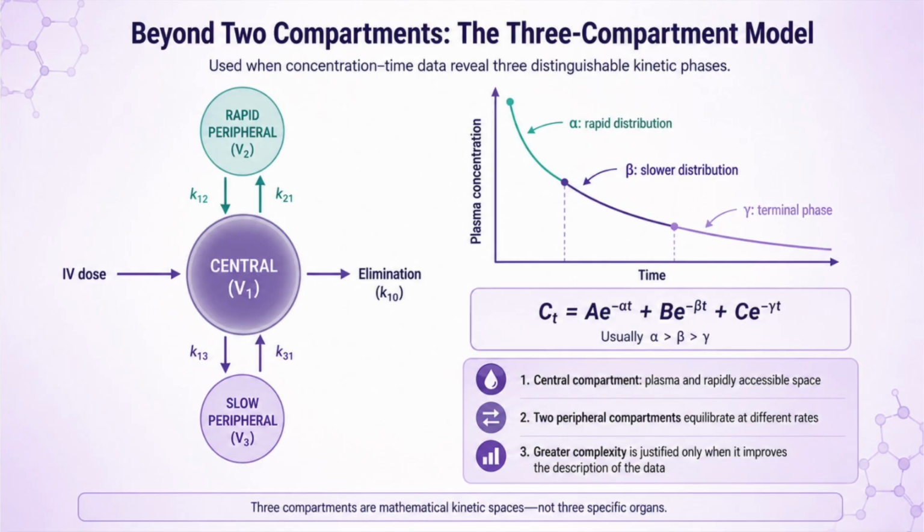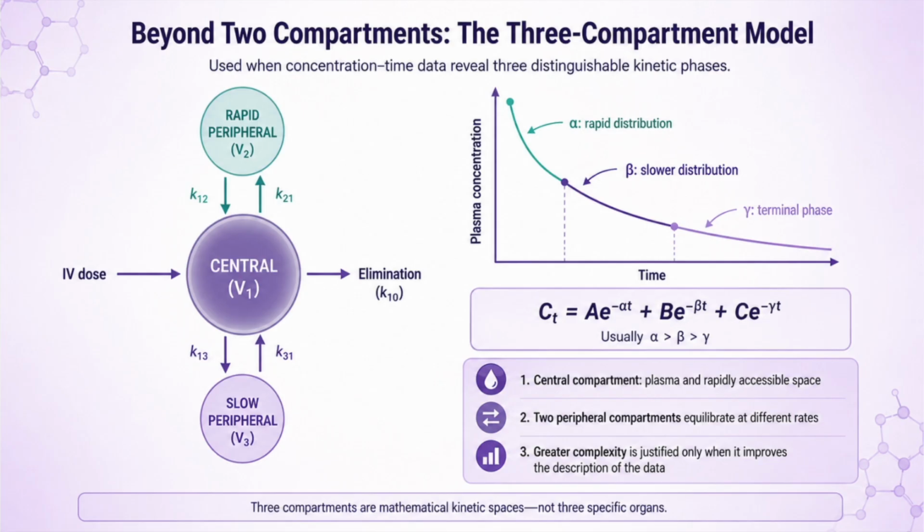Some concentration-time datasets contain three distinguishable exponential phases. These may be described by a three-compartment model consisting of one central compartment and two peripheral compartments that equilibrate at different rates. The rapidly equilibrating peripheral compartment communicates with the central compartment through K12 and K21.